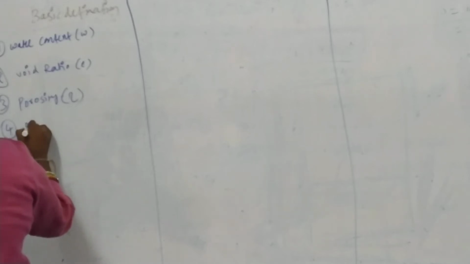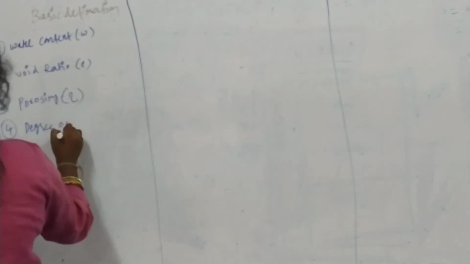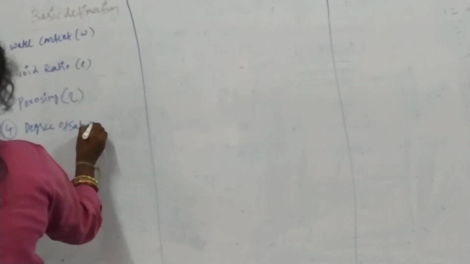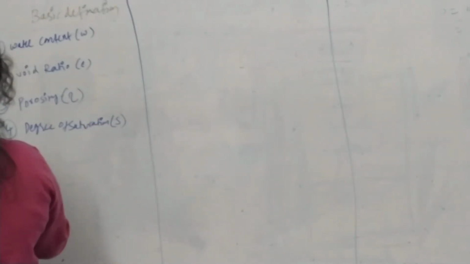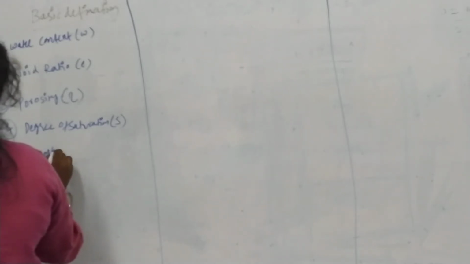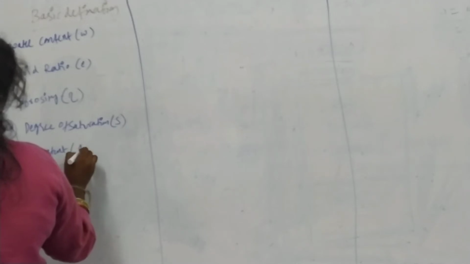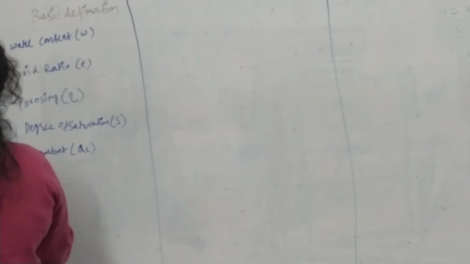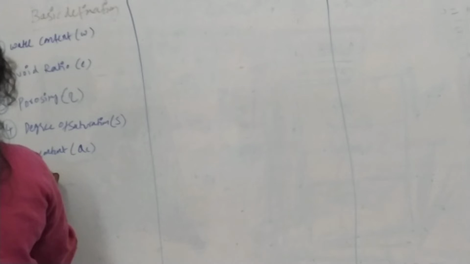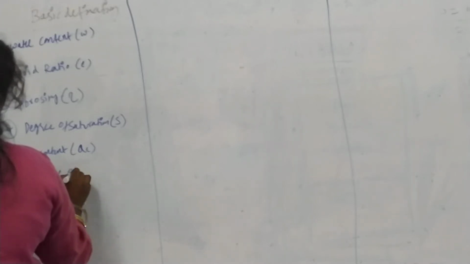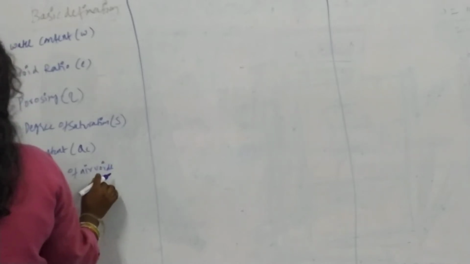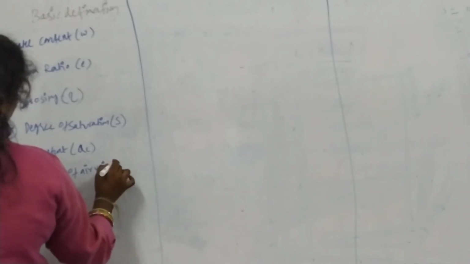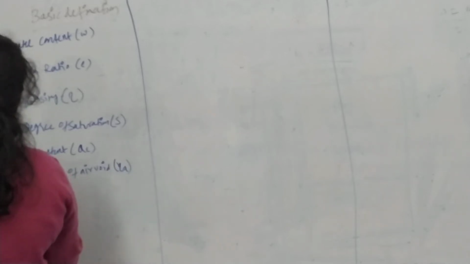Fourth one, degree of saturation. Saturation is represented with S. Fifth one is air content, with suffix C. Sixth one is percentage of air voids, that is represented with Na.